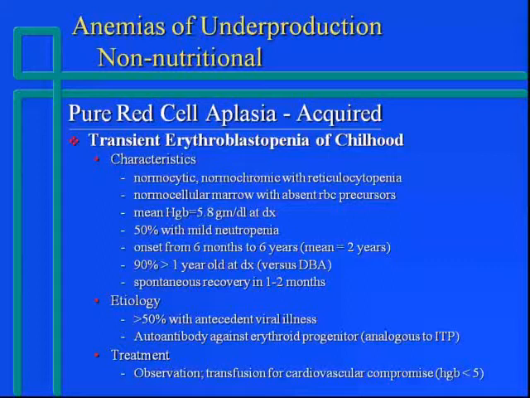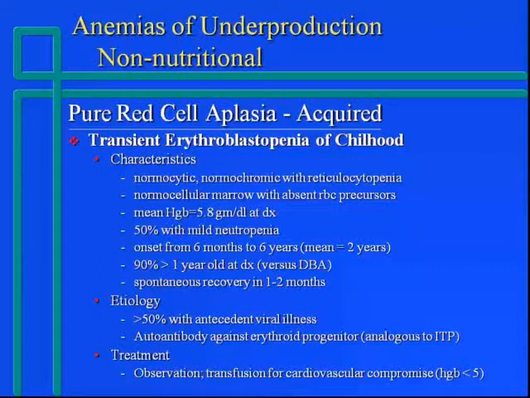The mean hemoglobin at the time of diagnosis of TEC is 5.8. Half of patients will also have some mild neutropenia. To help distinguish this from Diamond-Blackfan anemia, it's important to note that this tends to occur a little bit later. The mean age at diagnosis is 2 years.